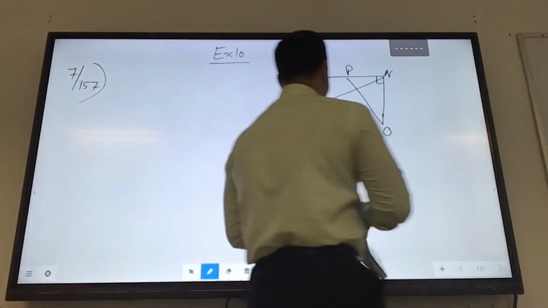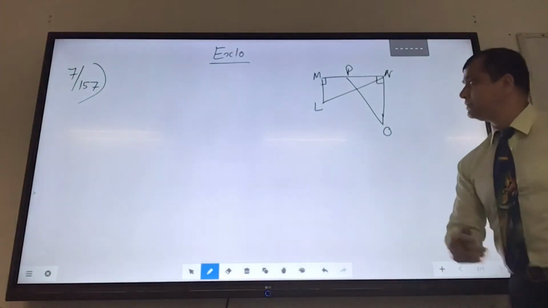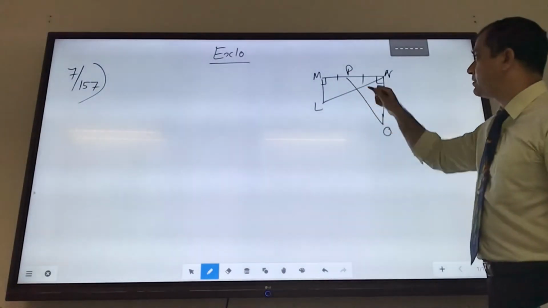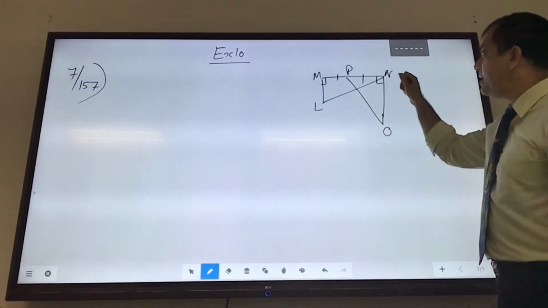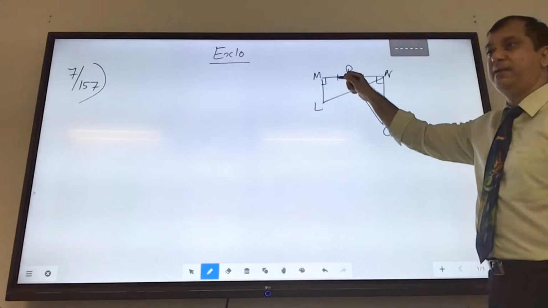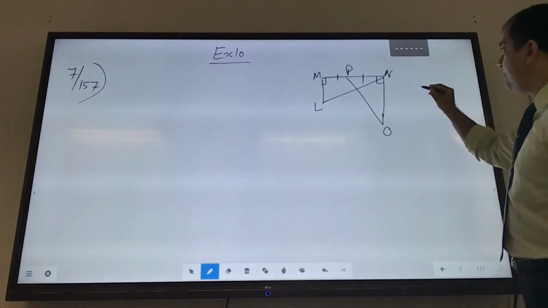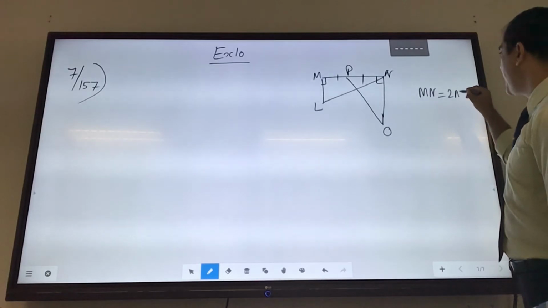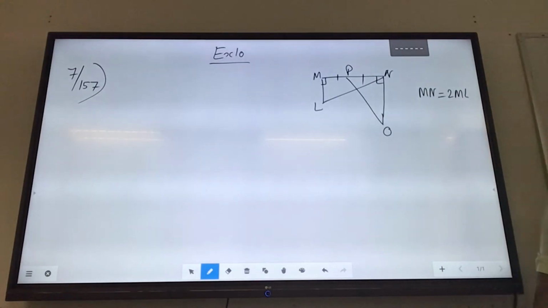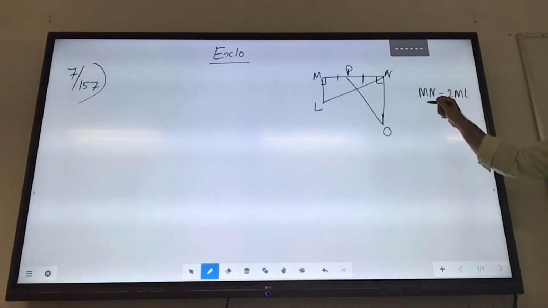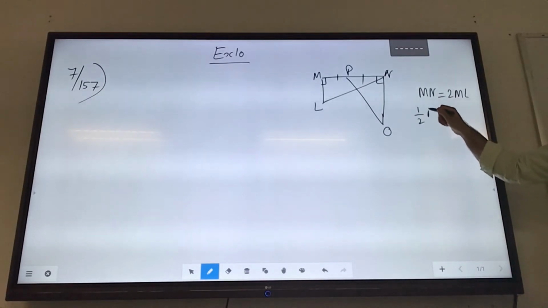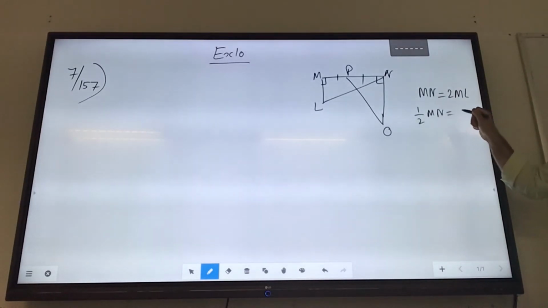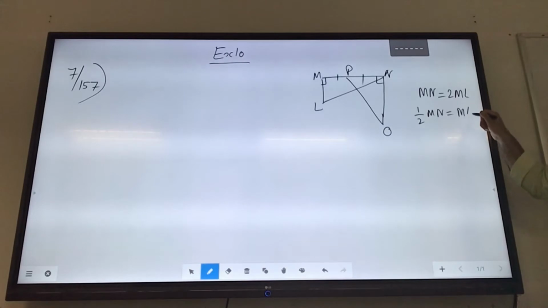So first thing, students, this P is the midpoint. It means this is equal to this. And second, MN is twice of ML. So if MN is twice of ML, it means half of MN is equal to ML.